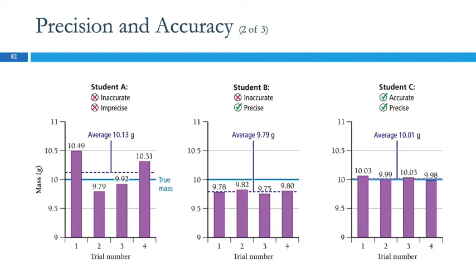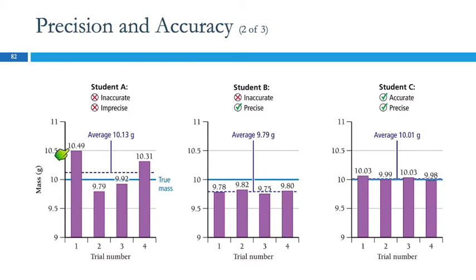So if we look at these 3 graphs, what do you notice that's different about them? What's different about this one? Lots of different heights, right?